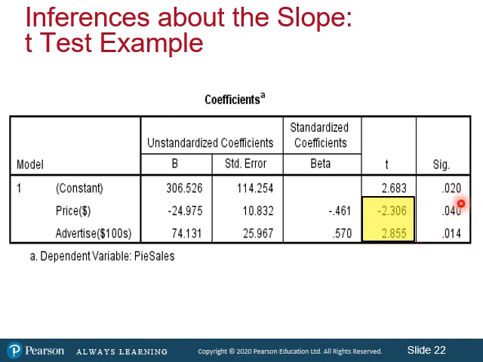The p values given in SPSS are actually two-tail p values. So if your hypothesis is negative or positive, which is one tail, then you have to take this p value and divide it by 2. So this is actually significant. This is also significant.